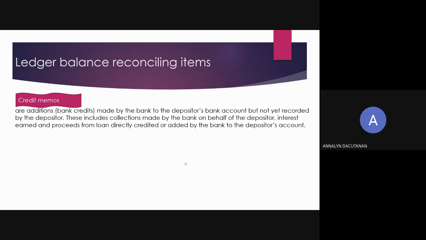Pag nagbabayad sa online seller, you need to send the screenshot to the seller. That way, they can counter-check if indeed nabayaran nga yung binili nung buyer. So again, if it's a credit memo, it's an addition on the bank balance and in order for you to reconcile it with the book, kailangan mo siyang i-add sa book balance.